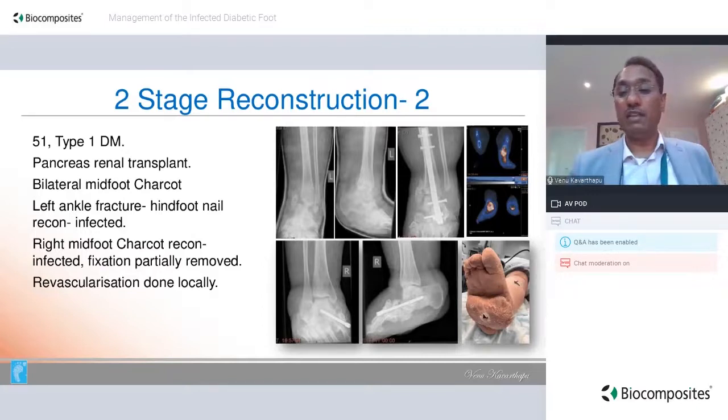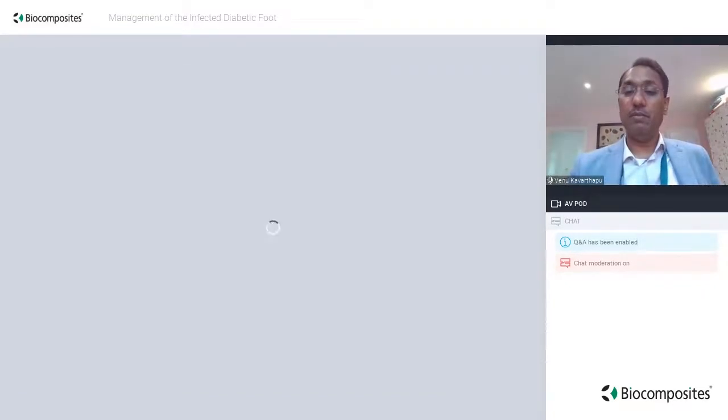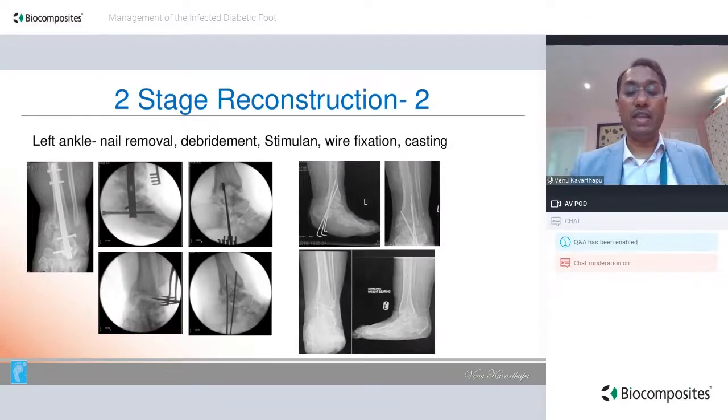On the right side there is such a large actively infected area, and on the left side, you can clearly see there is infection along the nail.